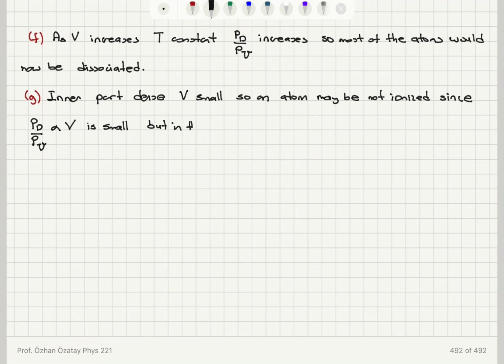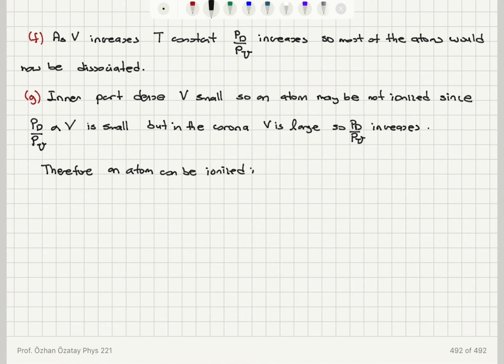But in the corona, V is large, so even though the temperature is lower, we see that the probability of dissociation increases with V. Therefore, an atom can be ionized in the corona even though the absolute temperature is lower.